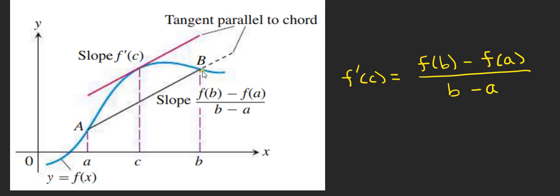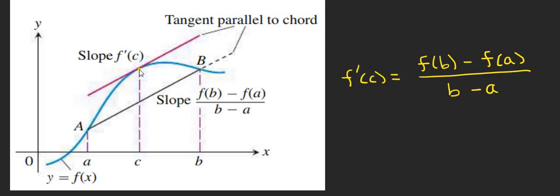F of B minus f of A over B minus A is the slope of the line connecting point A and point B. F of A represents the y value at x equals A, and f of B represents the y value when x equals B. So the slope of this line going through A and B guarantees that there's a C between A and B such that f prime of C, which is the slope of f at x equals C, is also equal to the slope of this line connecting A and B.